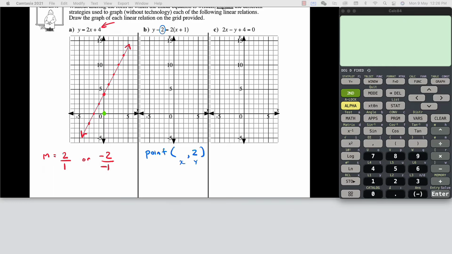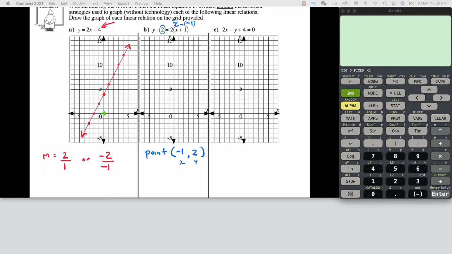My y is 2. Now, a lot of people will end up putting negative 2. It's not negative 2, because the format of the equation is y minus the y point. With the x, it is also x minus the point. So it'll end up being negative 1 for the x, because this should be set up like x minus the negative 1.